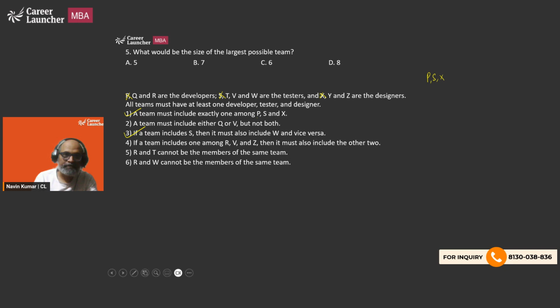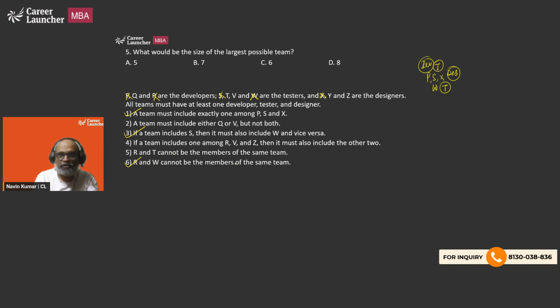So if we have included S, we'll bring in W. Now W comes in, so R cannot come in. We are done with W. R cannot come in. So basically, P is a developer, S is a tester, X is a designer, W is a tester. Four people so far.